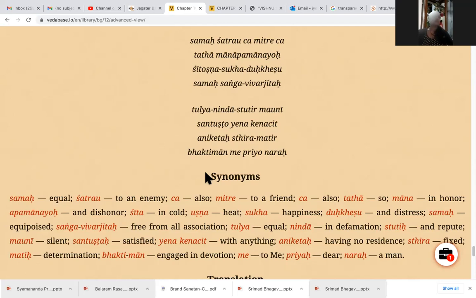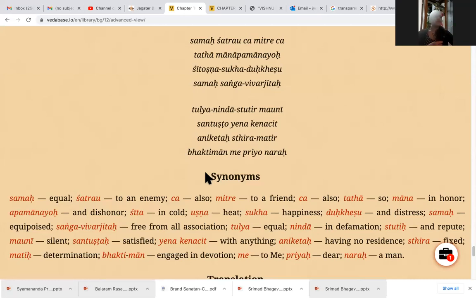Santushto yena kenachit. Santushta means to be satisfied. Santosha is a state of satisfaction. So santushta is to be satisfied. Yena kenachit, meaning with anything, no matter what life throws at you, you're happy with it, or you learn to live with it.